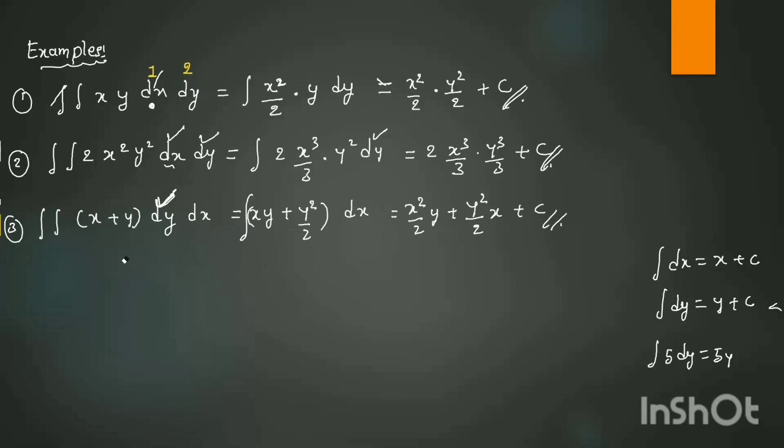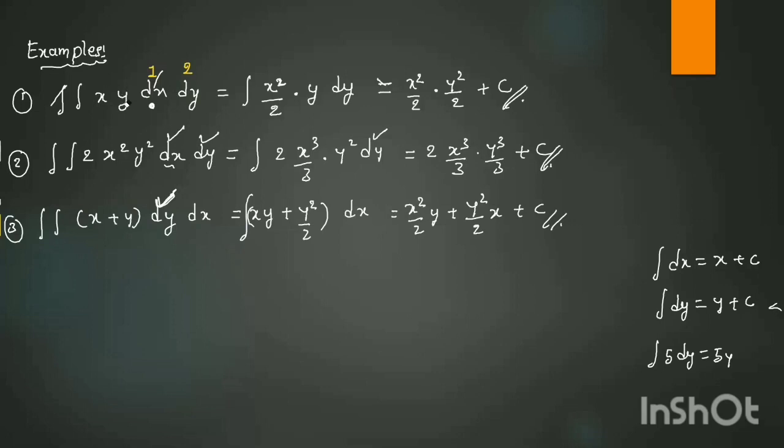Okay. Done. See, I'll explain the third example again. Once again, I will repeat the first example. When there is x and y, they are multiplied. These are the same term. When they are multiplied and you are doing with respect to x, the other term should be kept as it is.